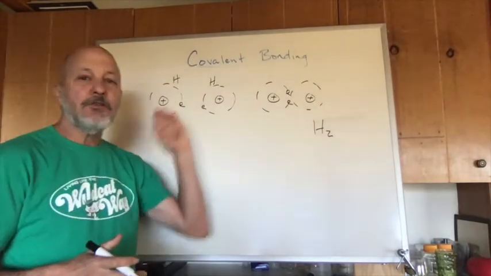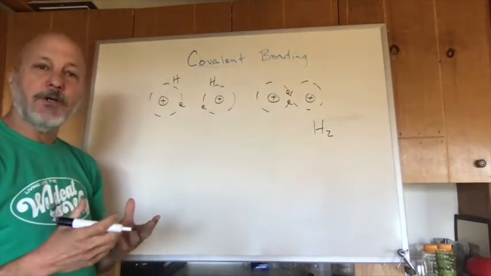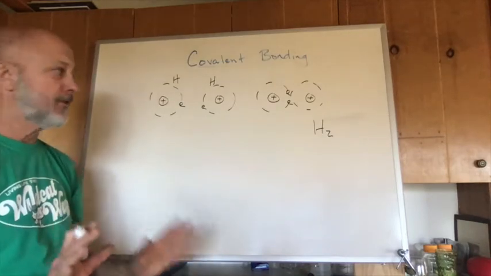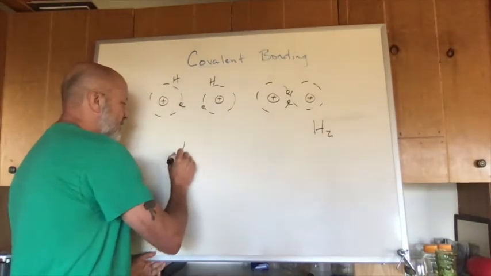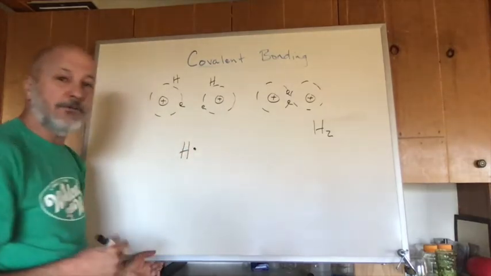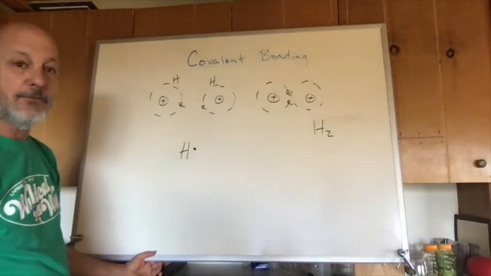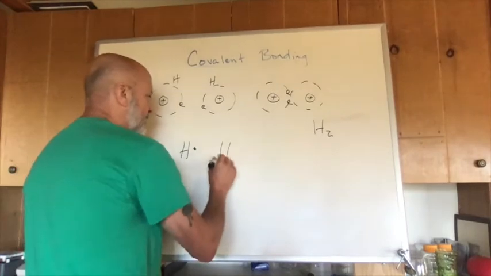Now, we don't generally use Bohr models when we're trying to show covalent bonding because Lewis structures are so much simpler. So let's look at the Lewis structure for hydrogen. Here's its 1 electron, which of course is a valence electron because it only has 1 shell. It finds another hydrogen.